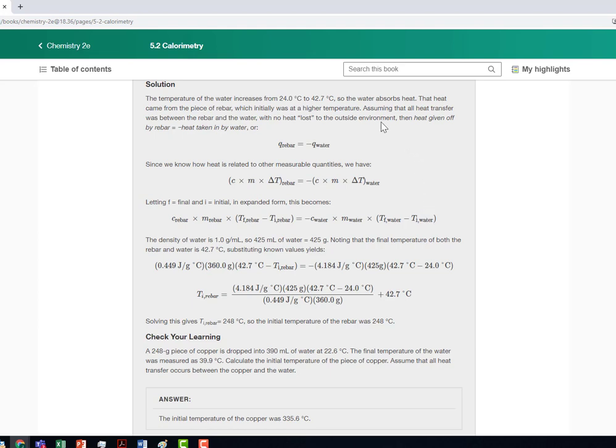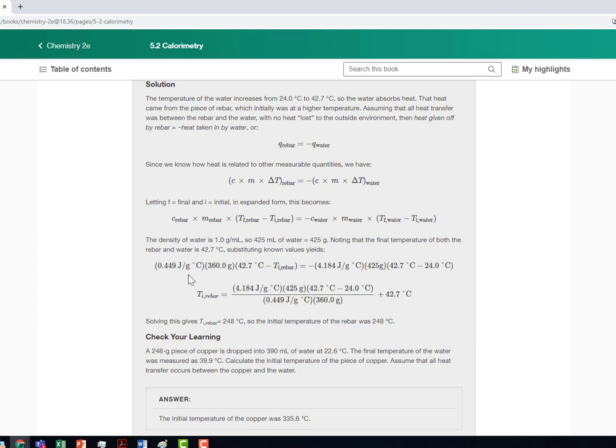Okay, so this is often going to be the first step of any calorimetry question where you are comparing heat transferred from one to the other. Then we go through and put in the numbers, okay?